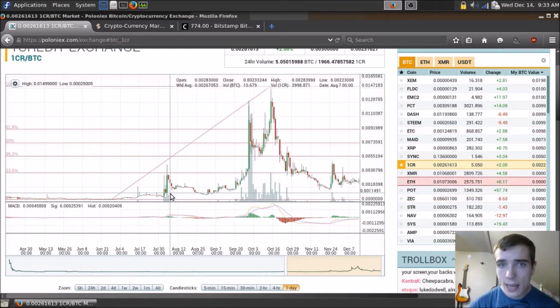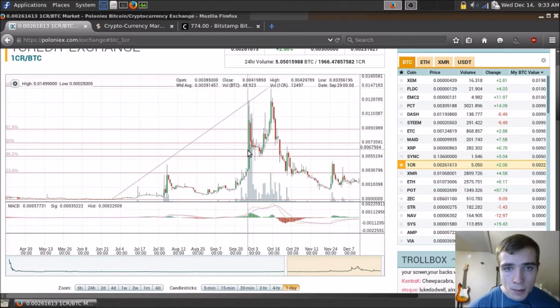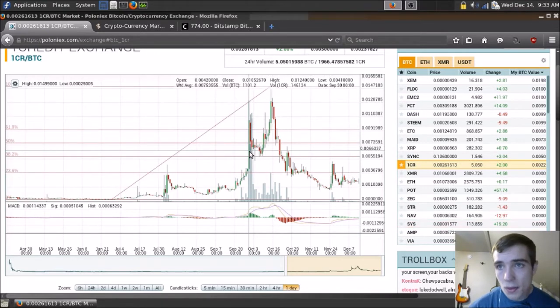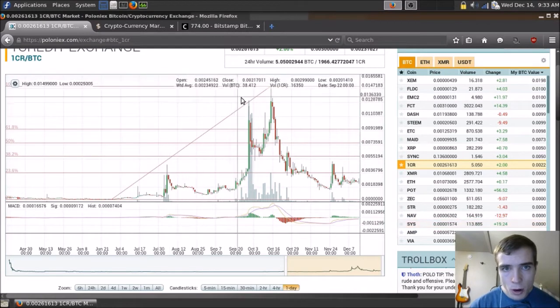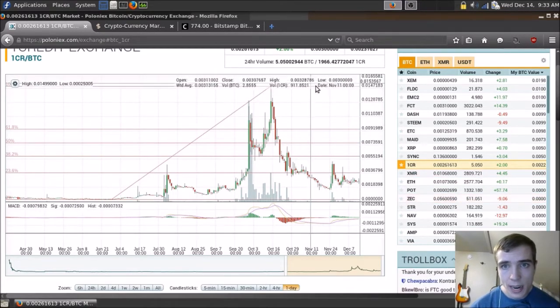I have these on day candlesticks, so that means on this day, for example, this day was September 30th, and you can see that 1CR opened up here at the top. Up right here is where the open, close, volume, average, high, low, and the date. All of that information for each candlestick is right up there on the top.